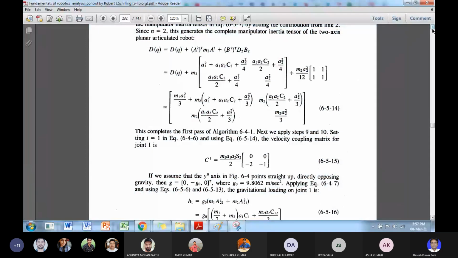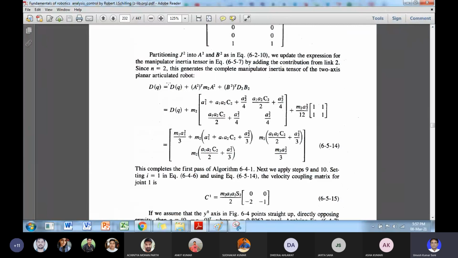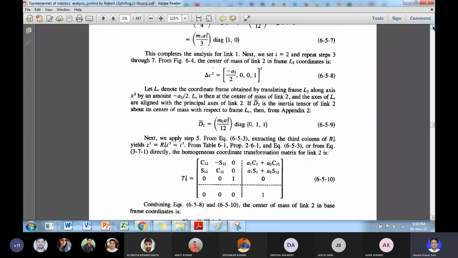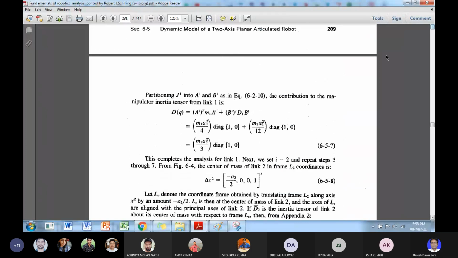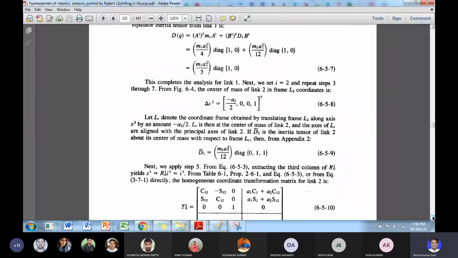So here, this dq is the first, we have calculated dq, and this is the second. You see here, this we have calculated in 6.5.7: A1 transpose m1 A1.